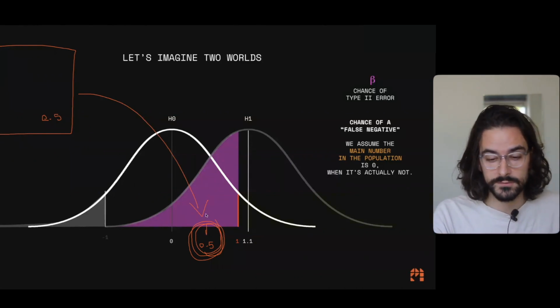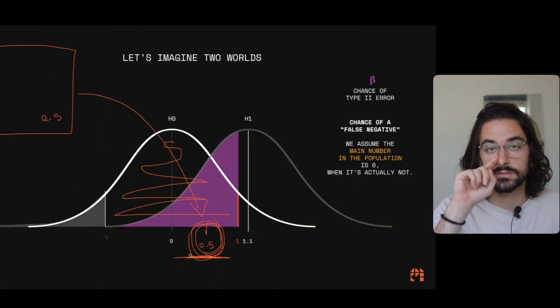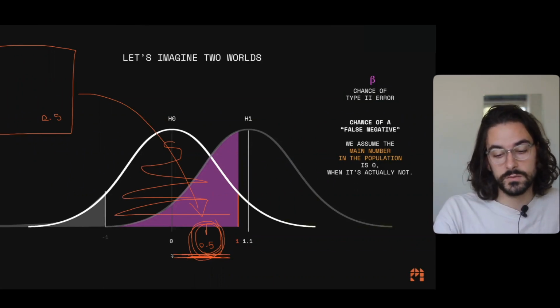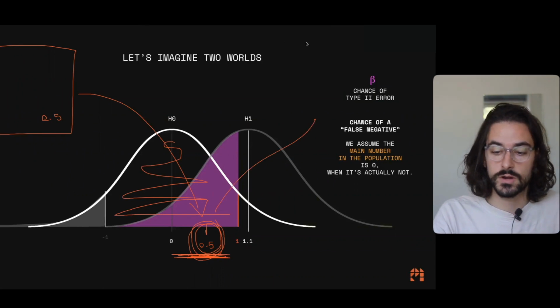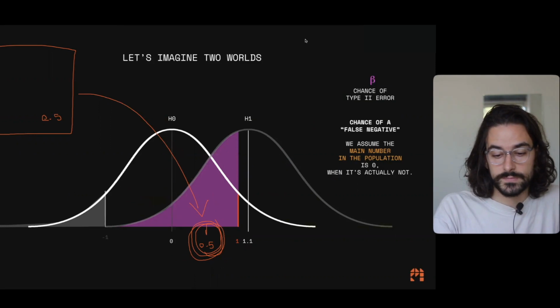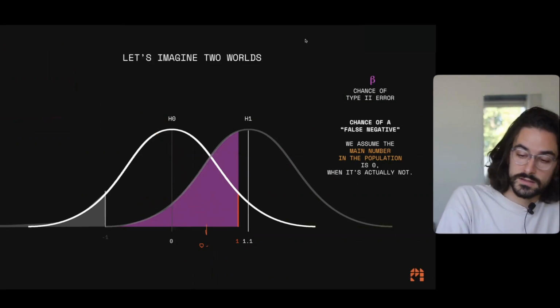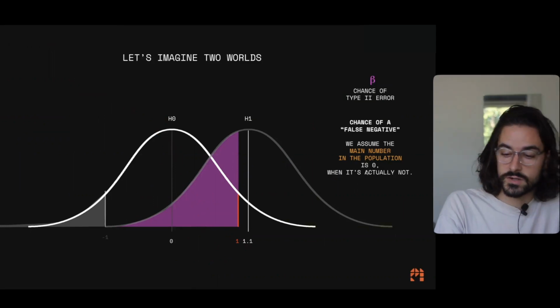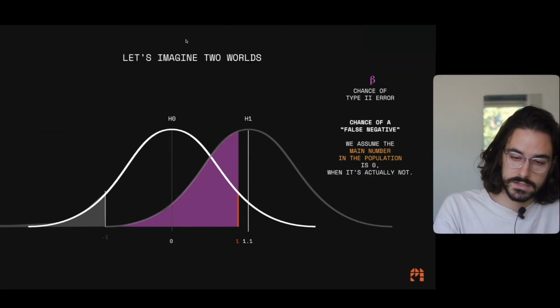No, it's not, right? It falls within the H0 distribution. But by not rejecting this 0.5, if we're too conservative, that's also a problem. If you don't reject it, there's a chance that this 0.5 is coming from the H1 world. And then what do you do? Well, it's going to suck because you'll never know. So this is the chance of a type 2 error. It's the situation when we assume that the mean number in the population is 0 when it's actually not 0.